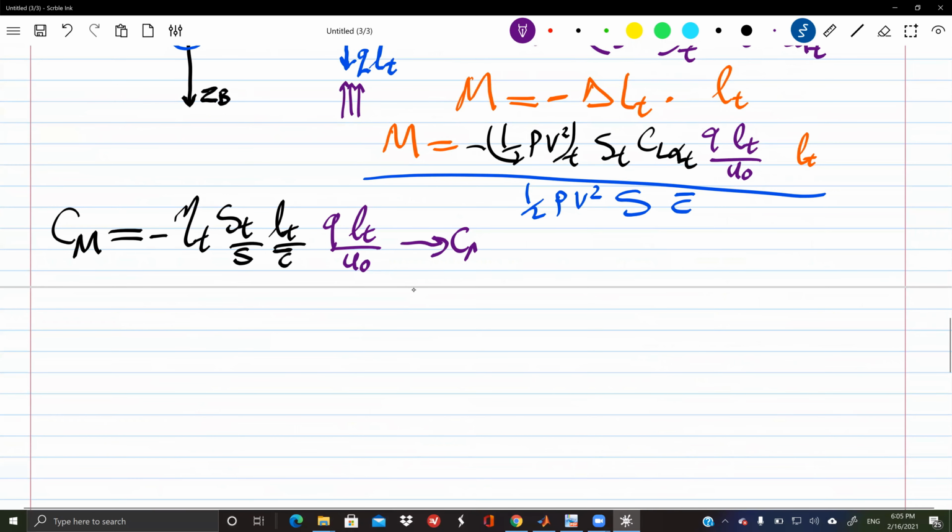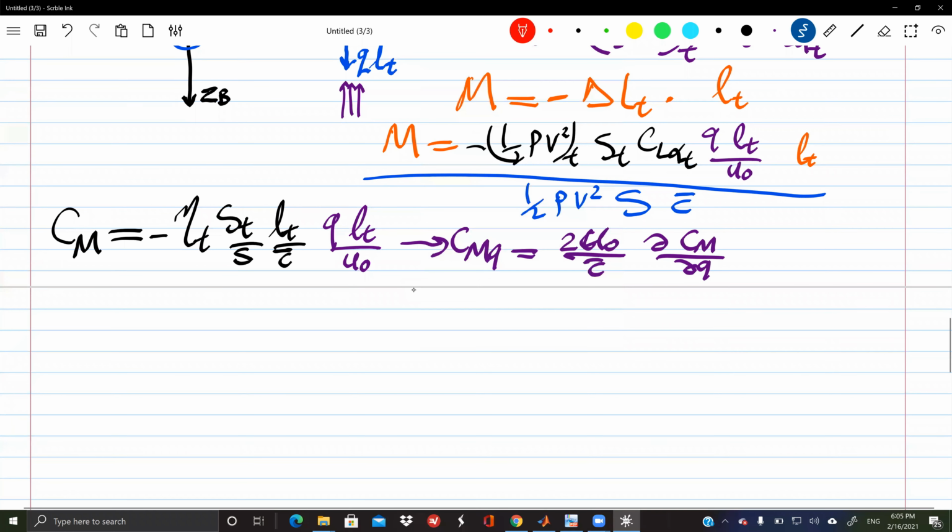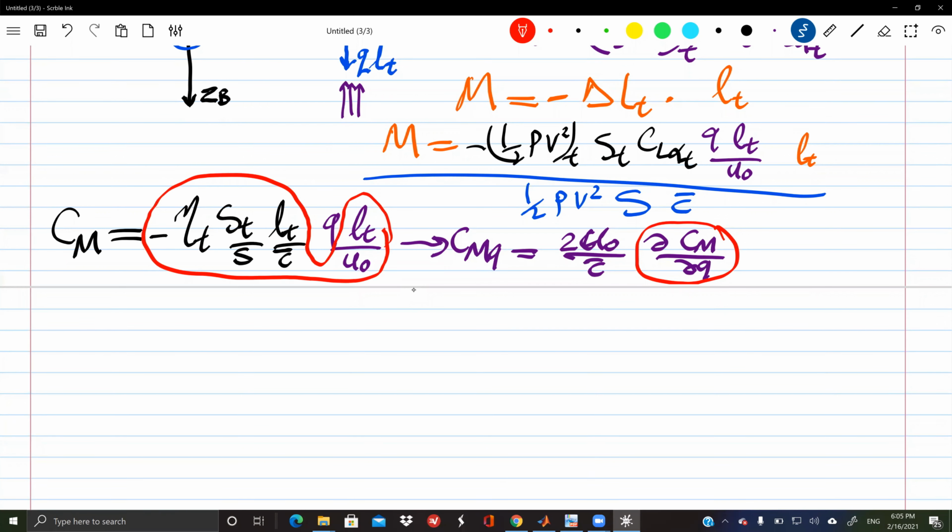So CMQ is 2U naught over C bar times partial CM partial Q. And as you can see from here, partial CM partial Q is indeed everything multiplying Q, because this is linear in Q.